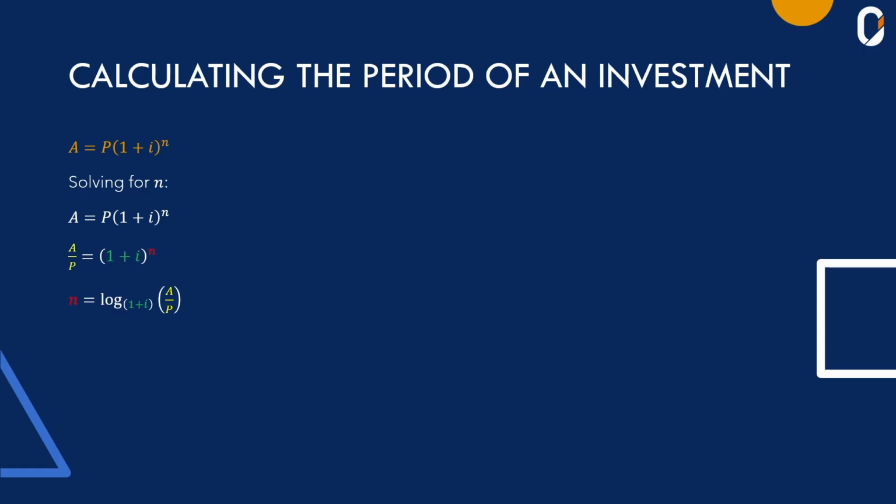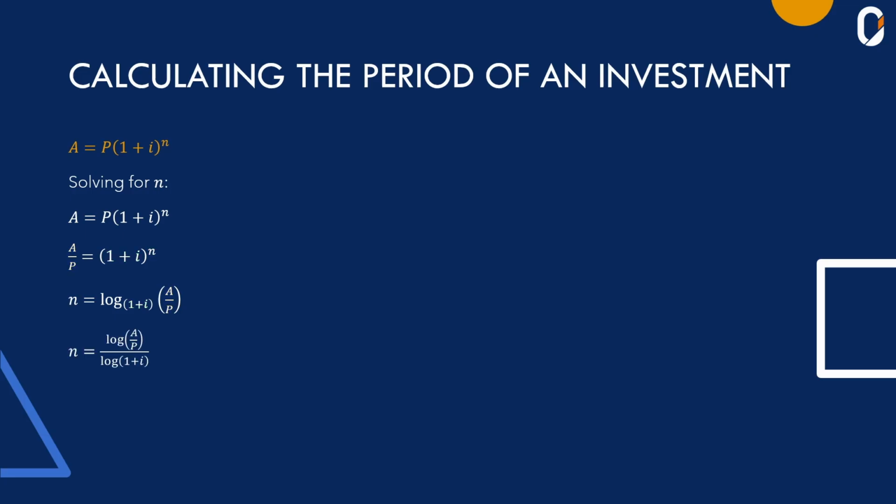I'm going to go on and introduce the log, where n becomes the subject of the formula. n is the subject of the formula because it is the power of my equation. And then log base of something. The base, 1 + i, becomes the base of the exponent n. And finally, A/P, which is on the other side of the equation, goes inside the brackets. And hence, we'll have the formula n = log base (1 + i) of A/P.